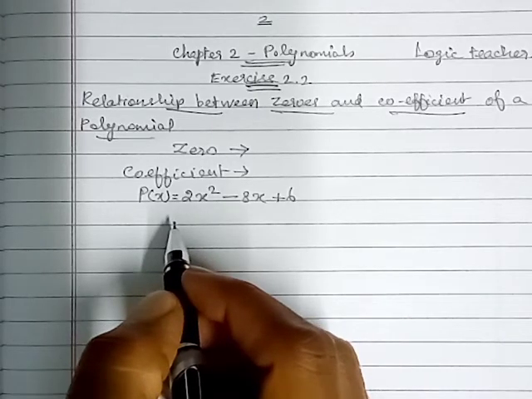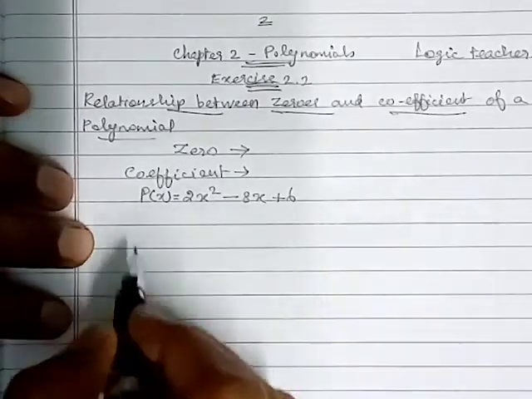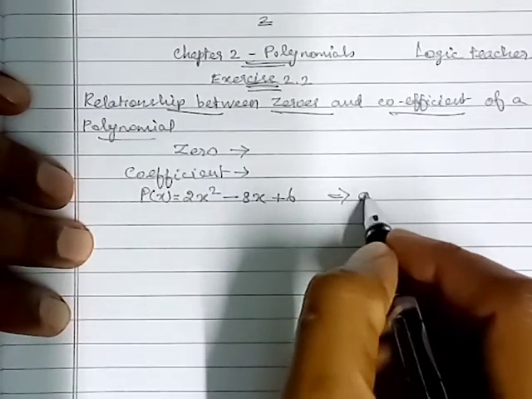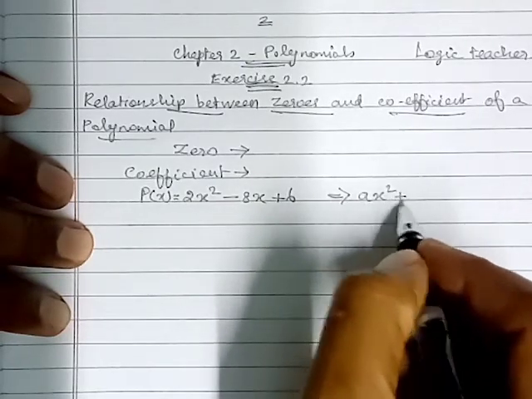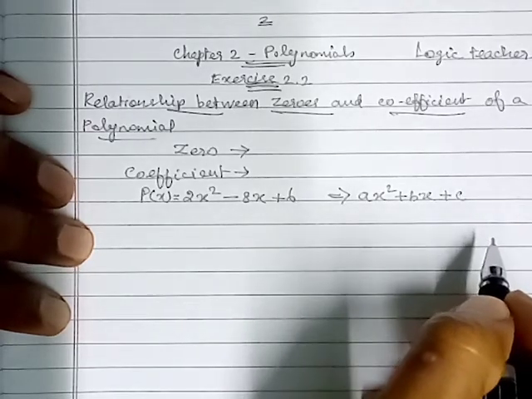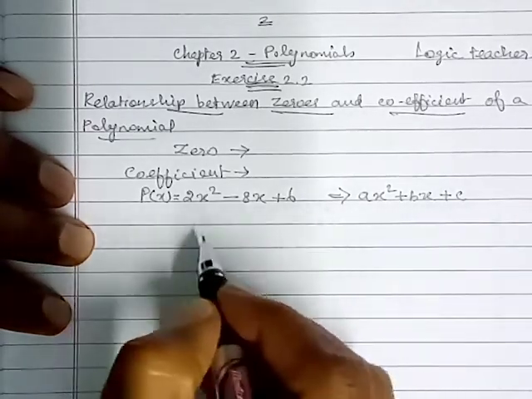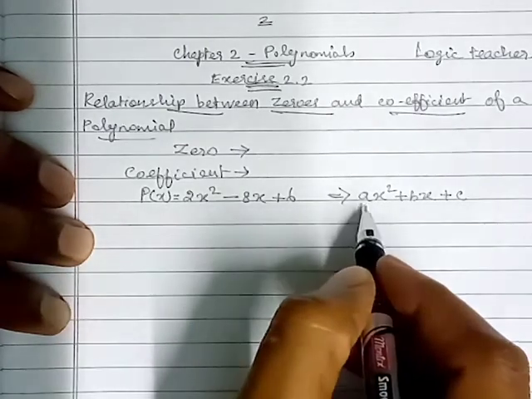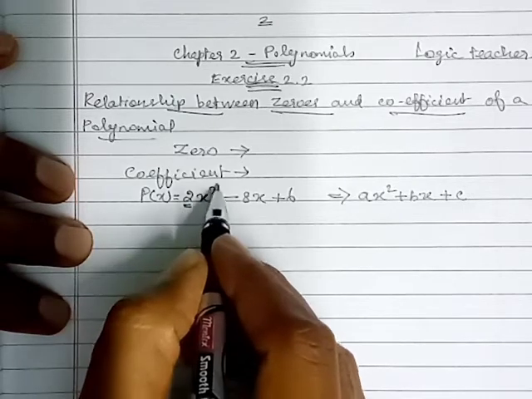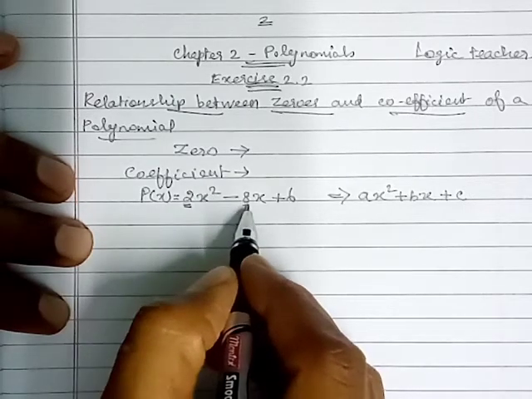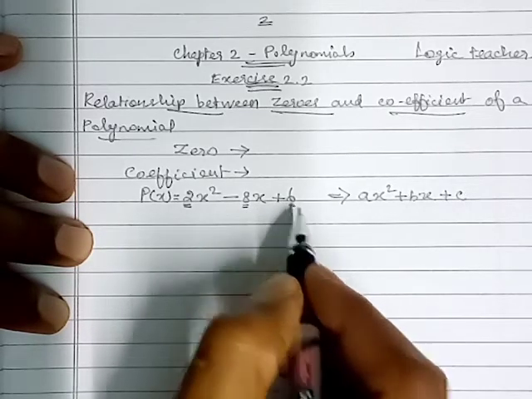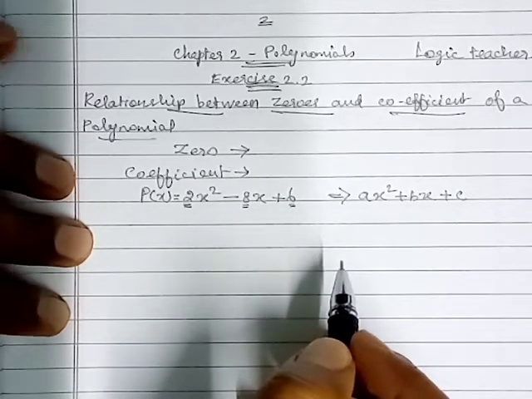Before that we will see what a coefficient is. This is in the form of a x squared plus bx plus c, right? In this, 2 is the coefficient of x squared, 8 is the coefficient of x, and this is called the constant, right?